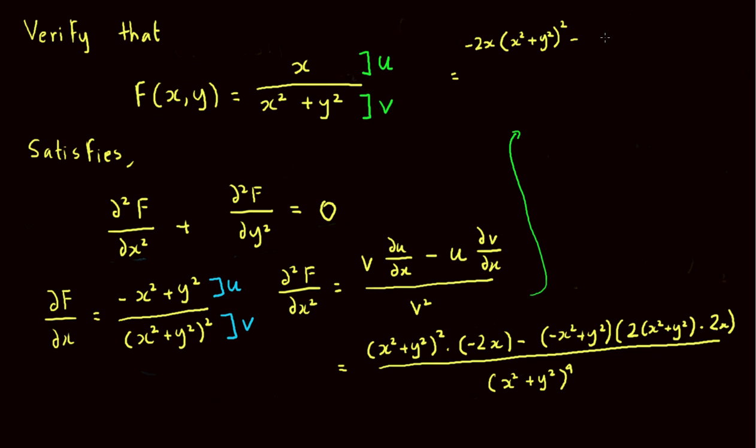minus, here 2 times 2 becomes 4x, times negative x squared plus y squared, times x squared plus y squared.